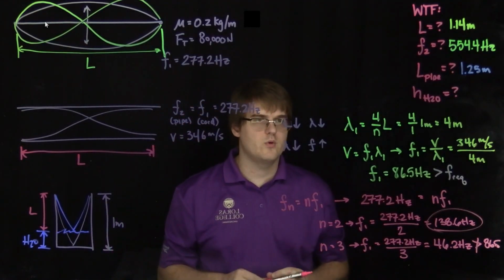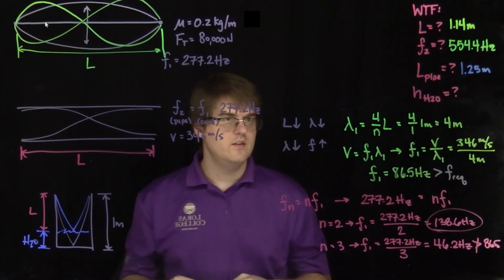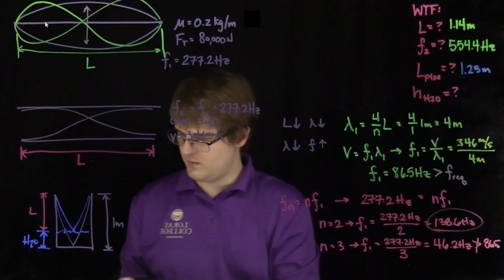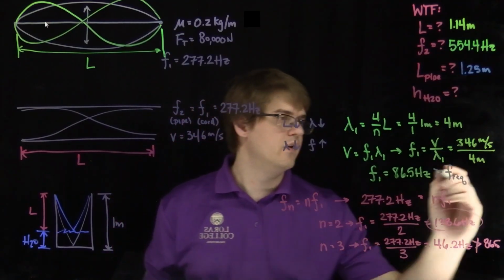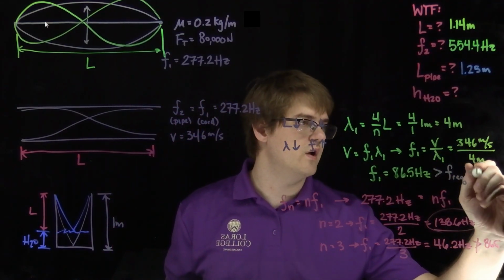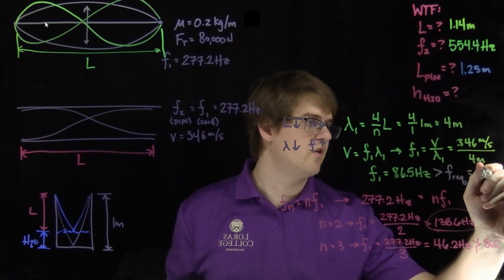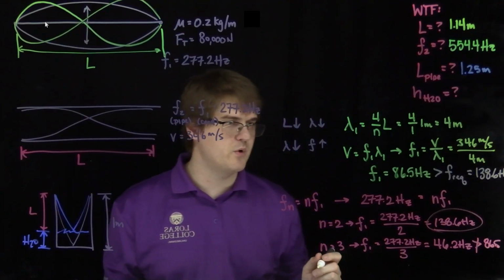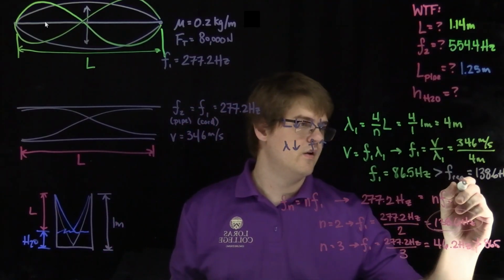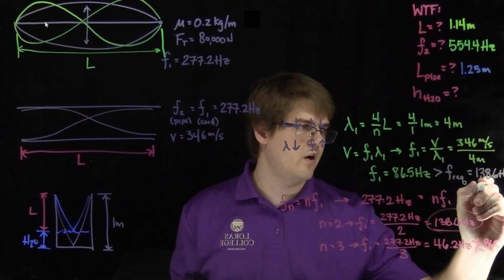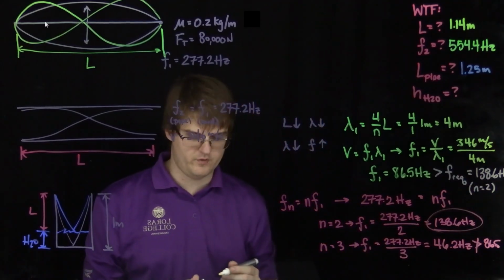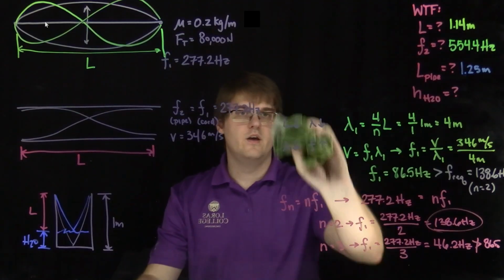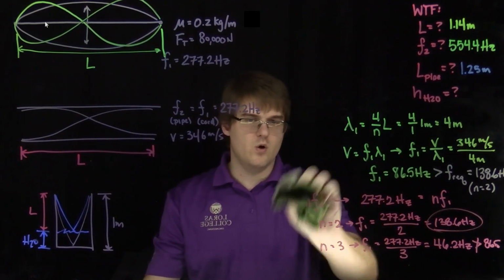So I want to create it such that this F1 required is going to be equal to 138.6 hertz. And that number is my second harmonic of my overall system here. Okay, so I know what my goal is.